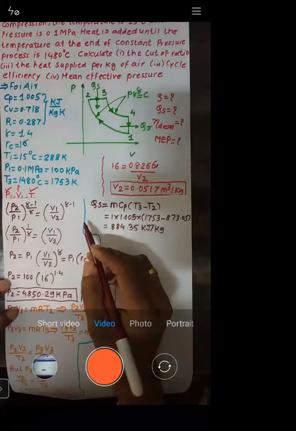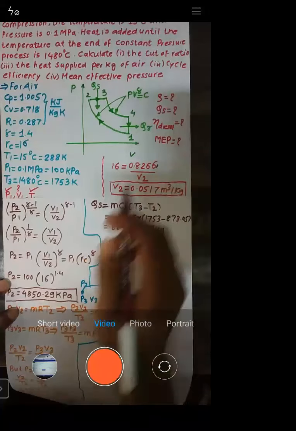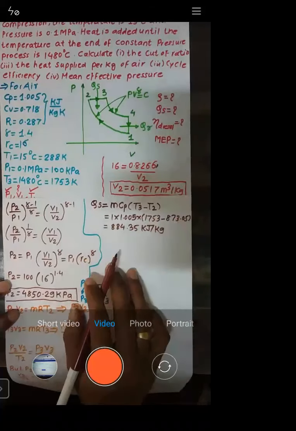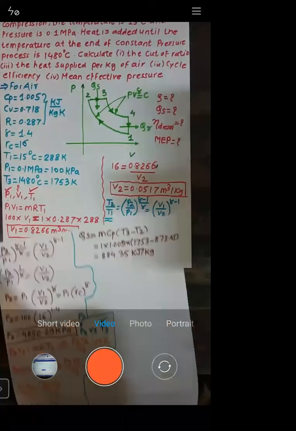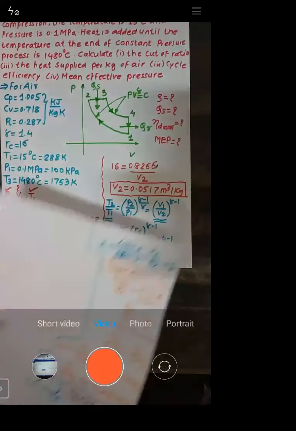Next, they're asking to calculate efficiency. How to calculate efficiency? In the last lecture only, we have seen the formula, or expression, for the efficiency of the diesel cycle.